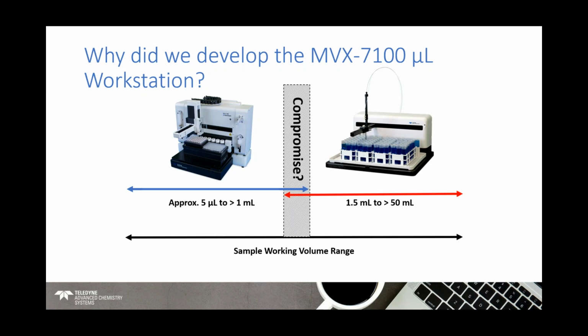So we go over to the other side of the line now to the MVX 7100, which is the diagram on the left. And the sampling volume range, as I mentioned before, is down at the 5 microliter end up to greater than a milliliter. So that covers this range of compromise where you might have an issue with standard automation, certainly with lower volumes.